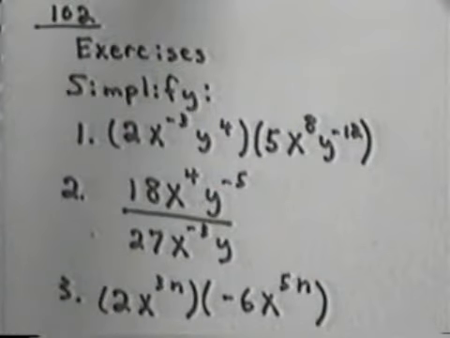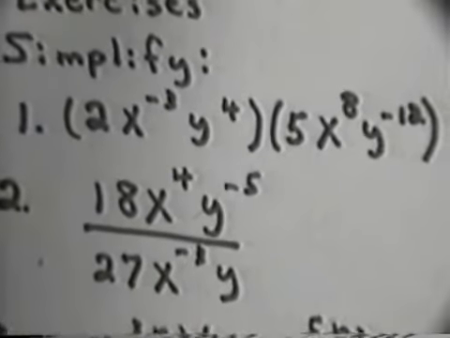Simplify. The first one, 2x to the negative 3, y to the 4th, times 5x to the 8th, y to the negative 12. The second one, 18, x to the 4th, y to the negative 5, divided by 27, x to the negative 3, y.